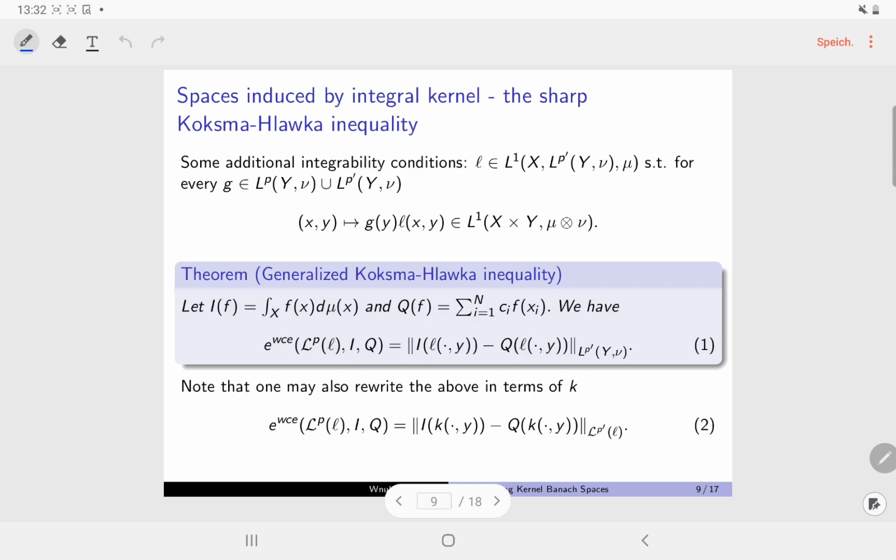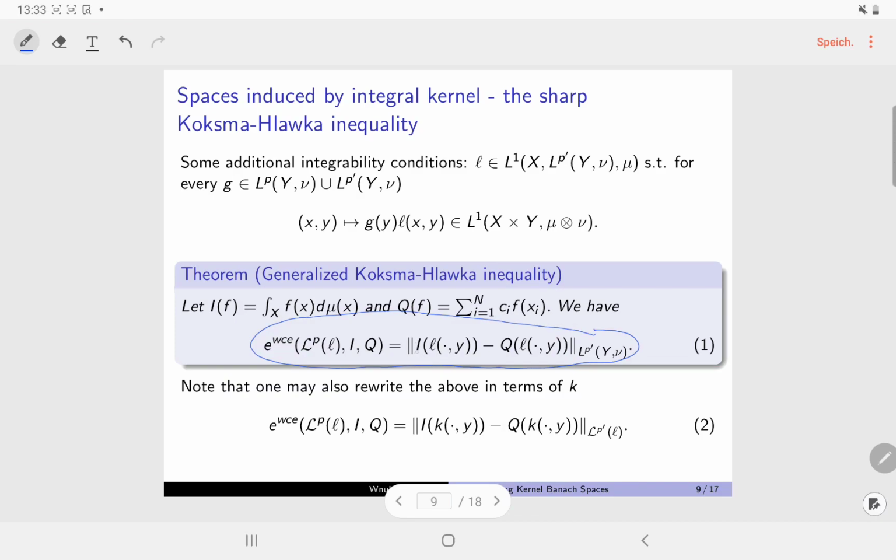But supposing that we have those regularity conditions, it is easy to see that the worst case error in the space L^p of L has the following norm. So what happens here? First of all, we take a function which in a way resembles the representer.